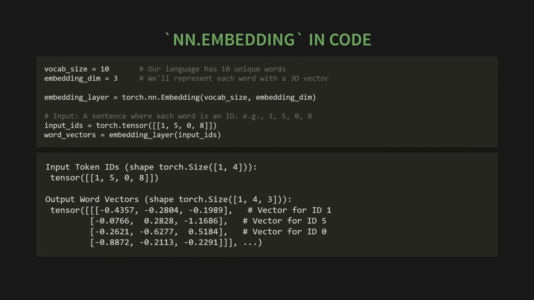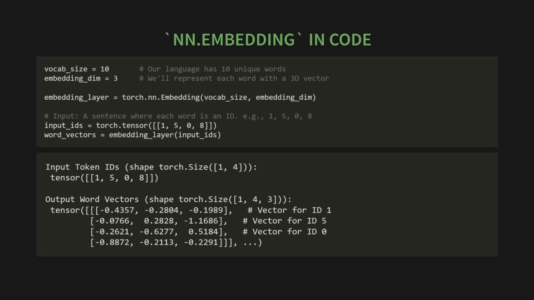We'll say our vocabulary size is 10, so we have 10 unique words. And our embedding dimension is 3, so we'll represent each word with a 3D vector. We create the layer, embedding_layer equals torch.nn.Embedding with the vocab size and embedding dimension. Now for our input. This is a sentence where each word is an ID. For example, the IDs 1, 5, 0, and 8.